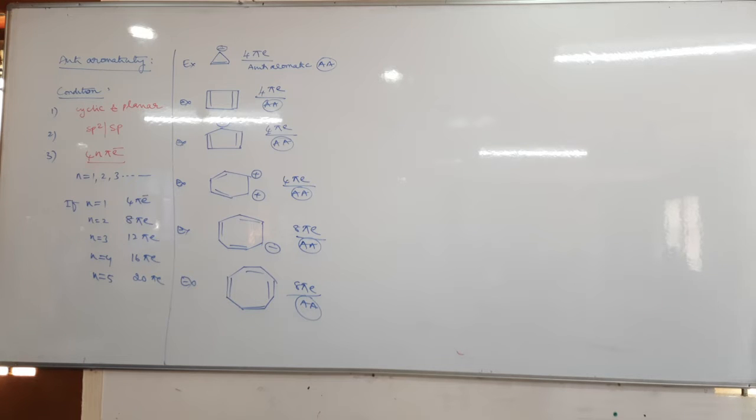Three, molecule must have 4n pi electrons, where n equal to 1, 2, 3, 4, and so on. Take n equal to 1, 2, 3, 4, 5.